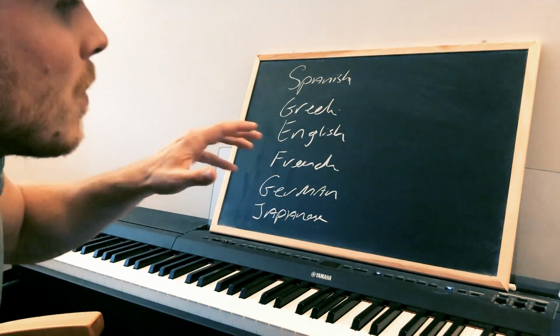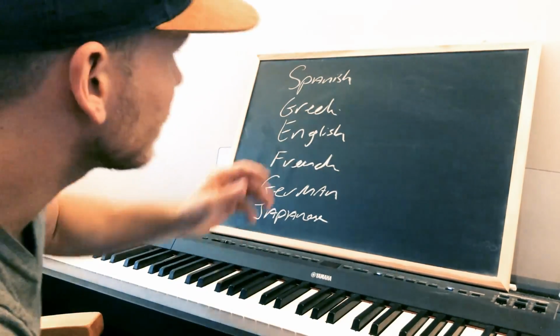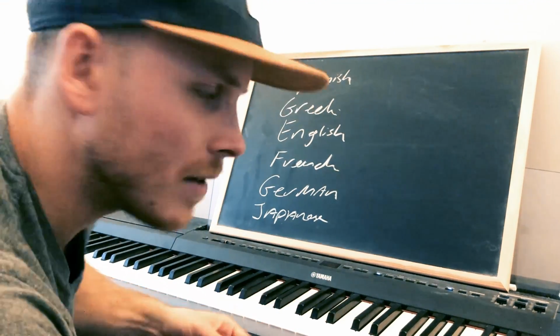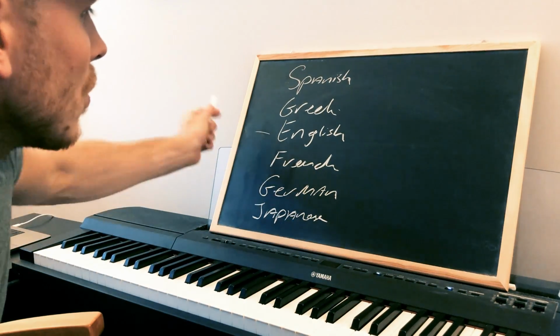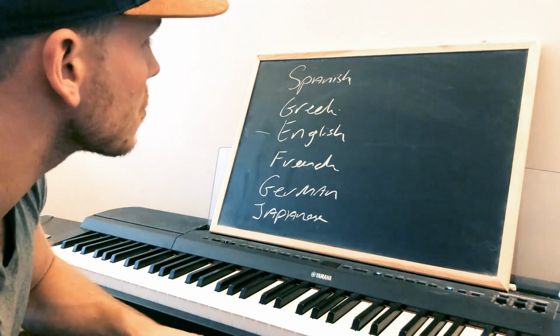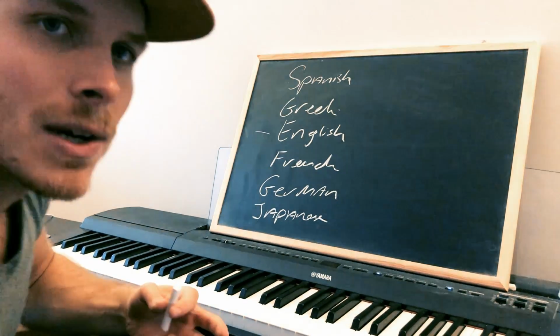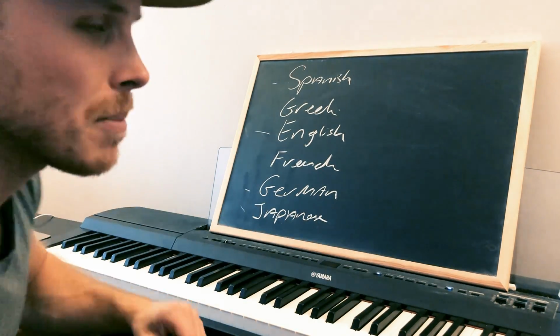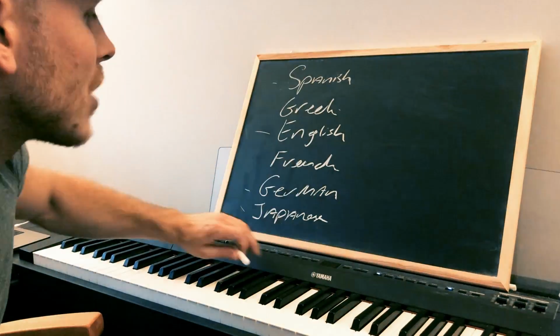Now here's what composers do. They want to write a song and they try to figure out in which language it will sound the best, okay? The easiest language, of course, is English, okay? So then they may pick English because it's easiest. But maybe they want something a little bit different, so they go for Spanish or German or Japanese, whatever. Doesn't matter which languages these are.